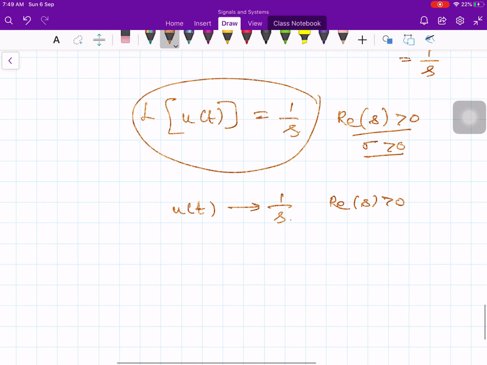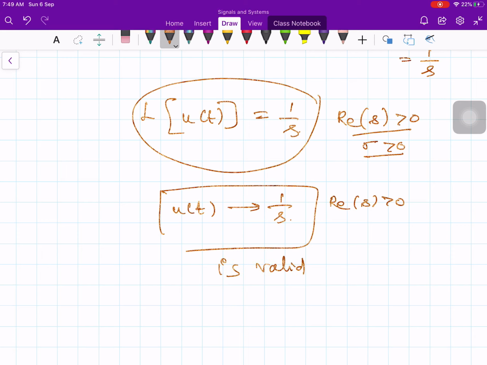Therefore this Laplace transform is valid as long as the real part of s is greater than 0. That means sigma c is greater than 0.